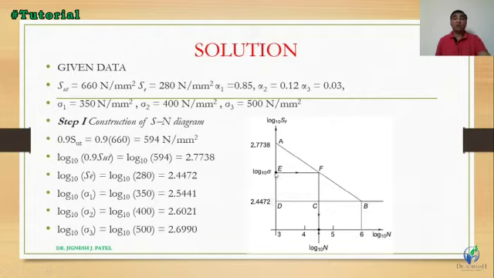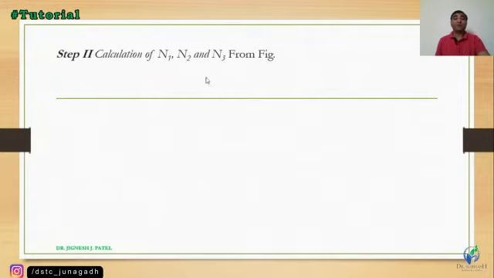At point E, it is the value of log sigma, and you have to find the corresponding value at point F, which is log n. You can see here two similar triangles, AEF and ADB. From these two similar triangles, in step 2 we have to find the values of n1, n2 and n3 from the S-N diagram.